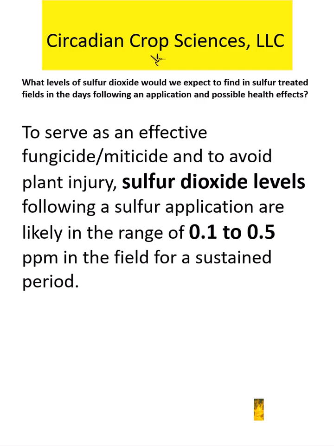To serve as an effective fungicide and miticide, and to avoid plant injury, sulfur dioxide levels following a sulfur application are likely to be in the range of 0.1 to 0.5 parts per million in the field for a sustained period.